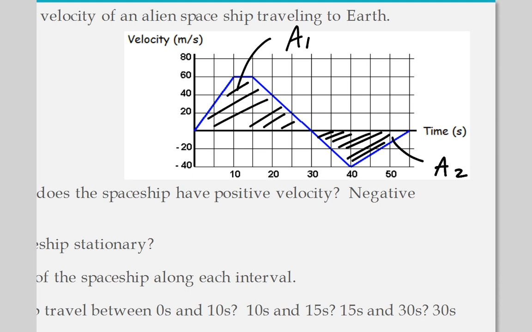And what do you think you have to do with those two areas? Add them together, but one of them's below the x-axis. Yeah, so you'd have A1 plus a negative A2. A1 minus A2. Above the x-axis, that's positive displacement. Below the x-axis, that's negative displacement. So it'd be like you're traveling east and then you're traveling west, so the total displacement, they work against each other, right?